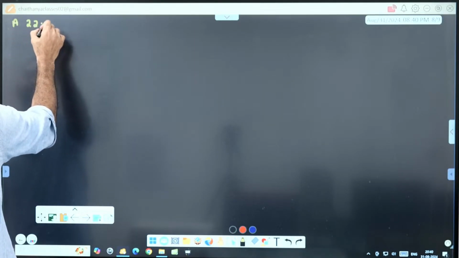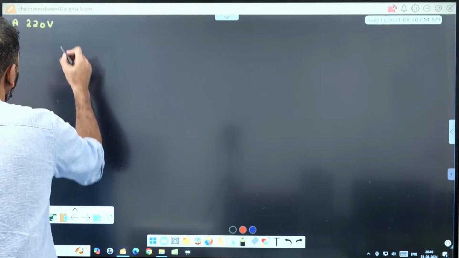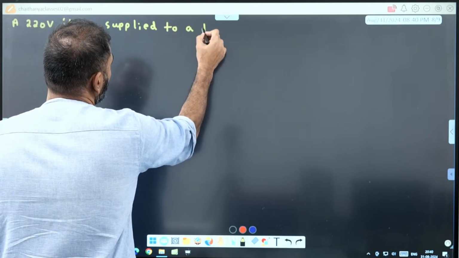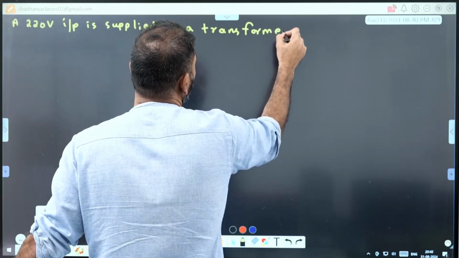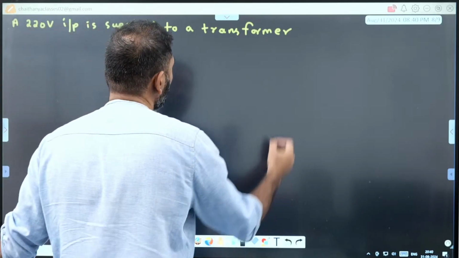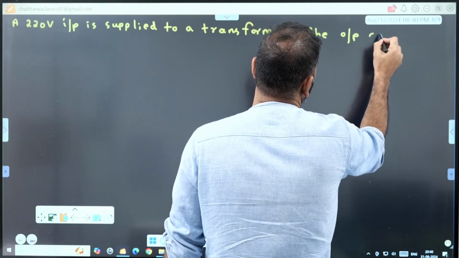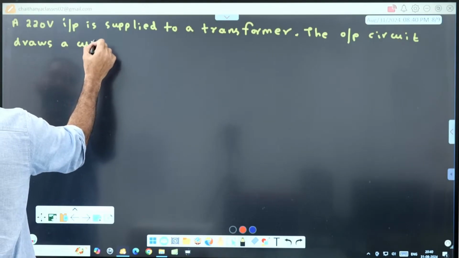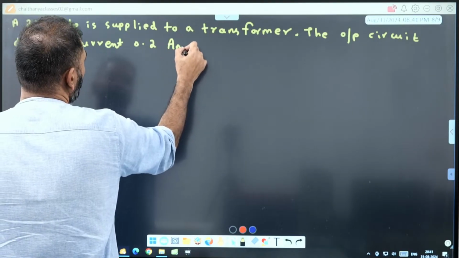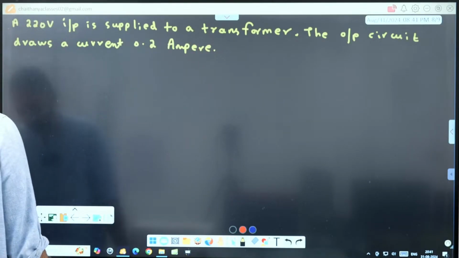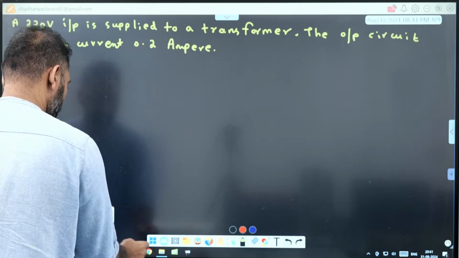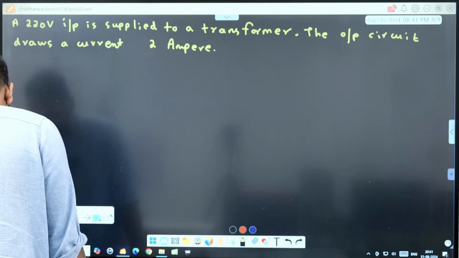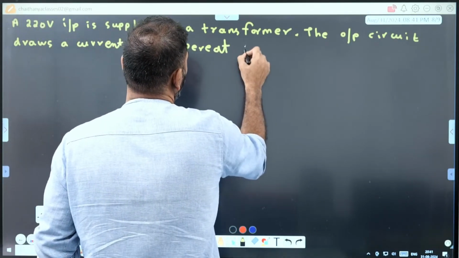A 220 volt input is supplied to a transformer. The output circuit draws a current of, not 0.2, 2 ampere, sorry, 2 ampere at 40 volts.